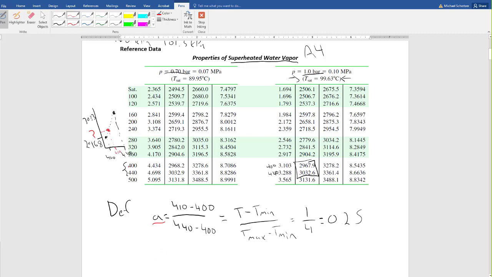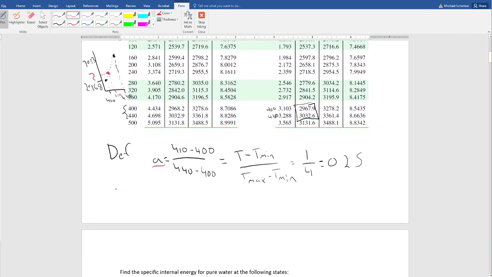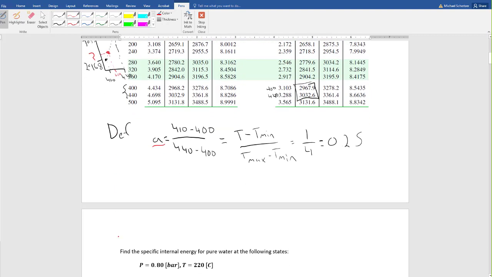So because this is linear, and we've gone 25% of the range between the temperatures, we also must have gone 25% of the range between these two values of u, right? So here, we know that A is also got to be equal to u of the temperature we're looking for minus u min divided by u max minus u min.